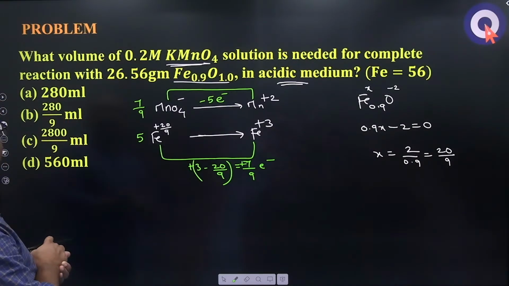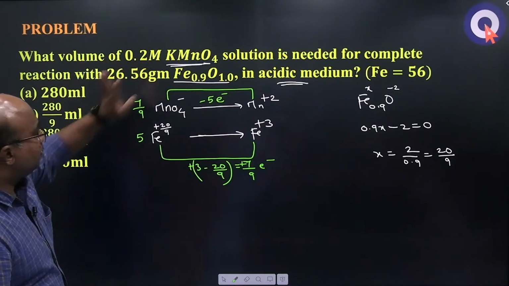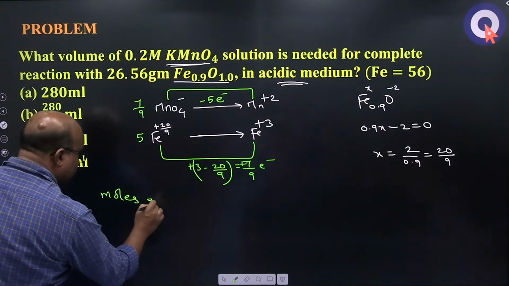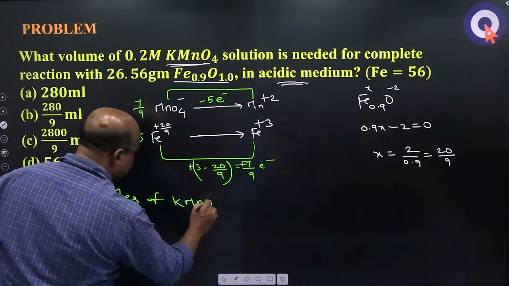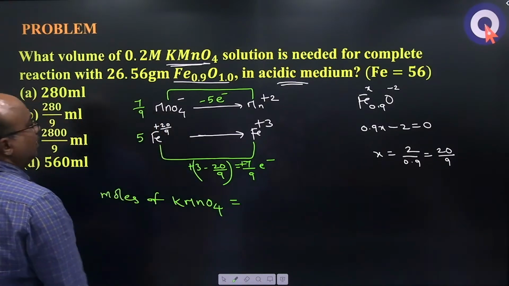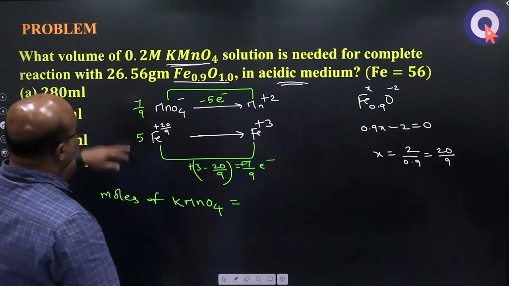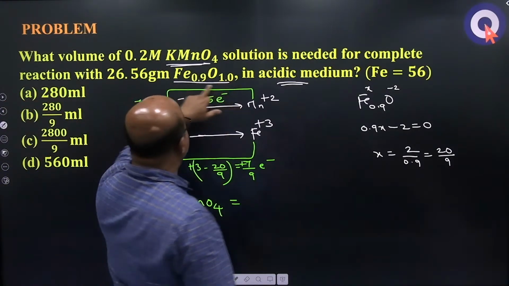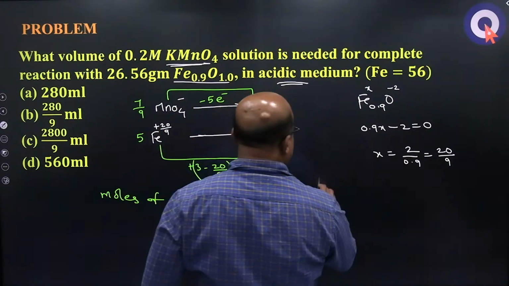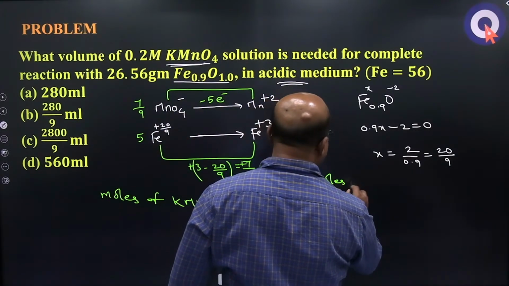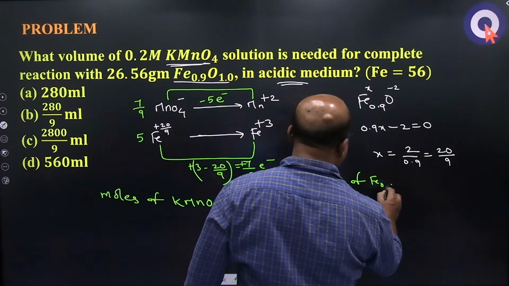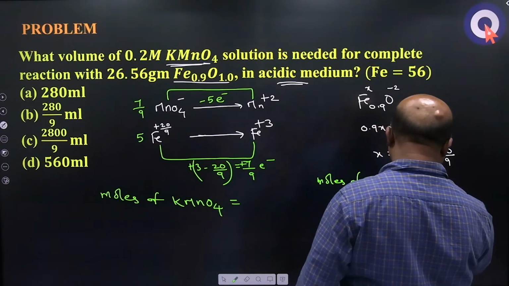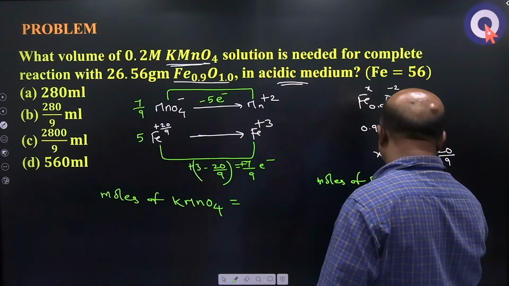So what he is asking is the volume. What is the moles of KMnO4 required? For 7 by 9 moles we require 5 moles. So let us first find the moles of Fe0.9O. It is 26.56 grams divided by the mass of this.